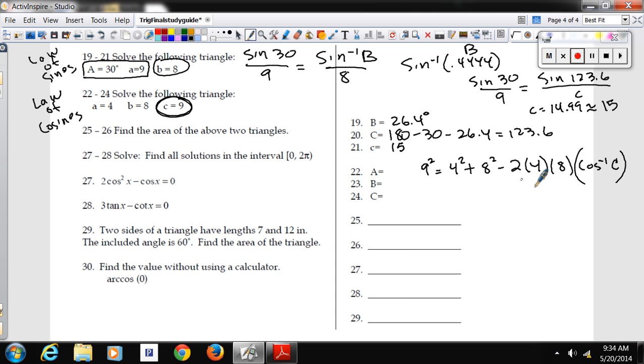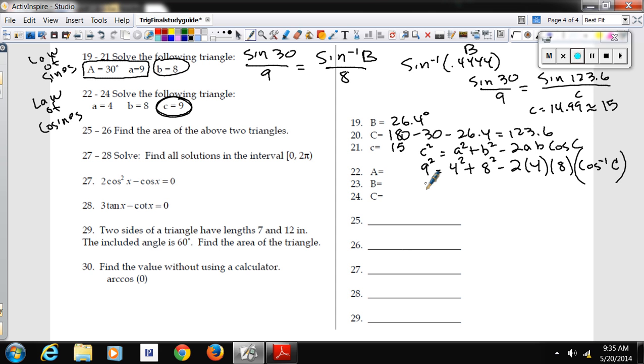This is the formula that's on the backboard for law of cosines: c squared equals a squared plus b squared minus 2 times a times b times cosine of C. The angle has to be what the number in front represents. So if we've got little c in front, then we've got to be looking for angle C back here.